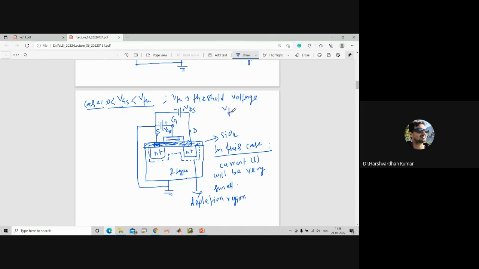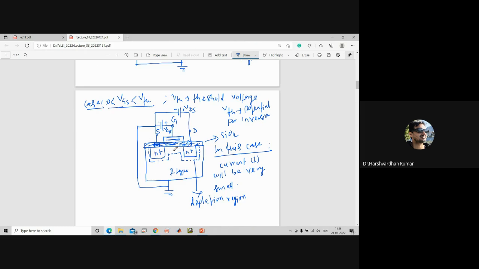VTH is the voltage, or you can say potential, for inversion. So why is the current very small for VGS less than VTH?